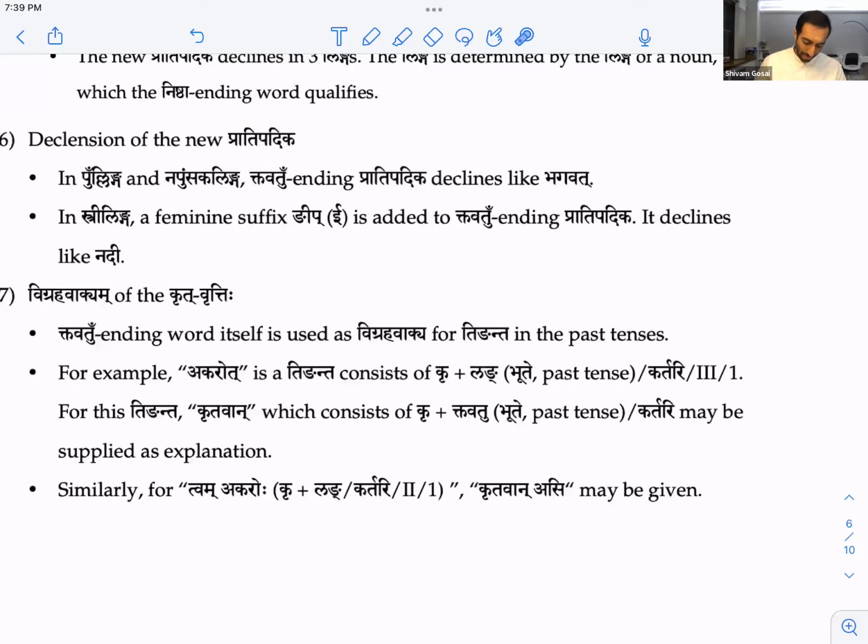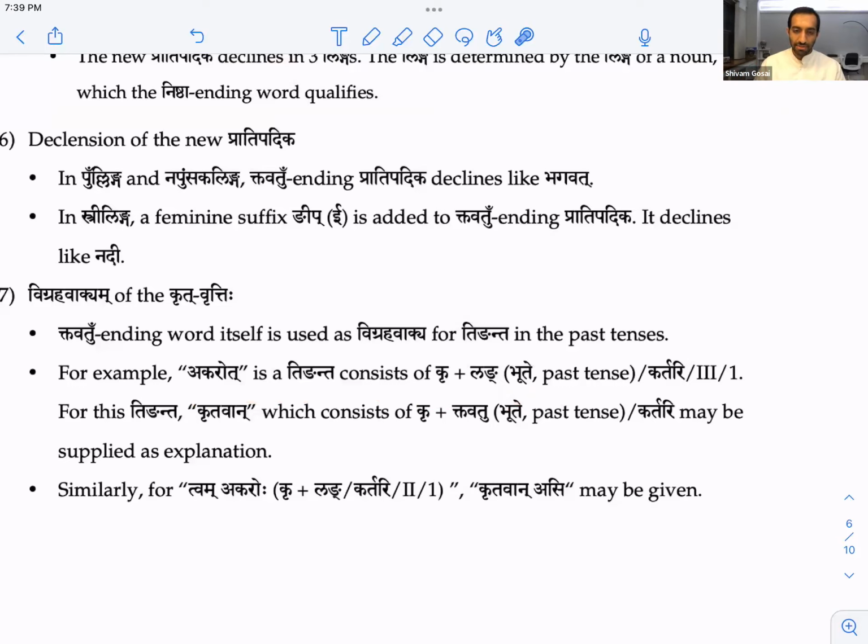Okay, so Akarot, for example, is a Tinganta. It's a verb. We have a Dhatu, we add Lang Lakara, and it becomes Akarot, right? So this is a pure verb here.